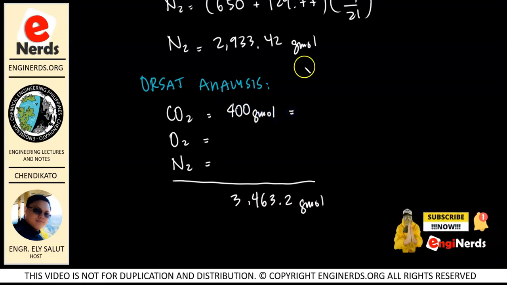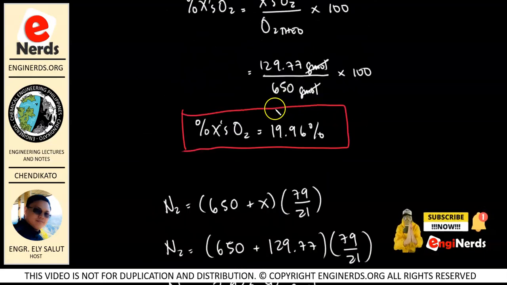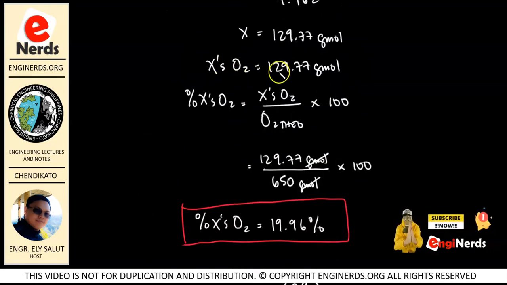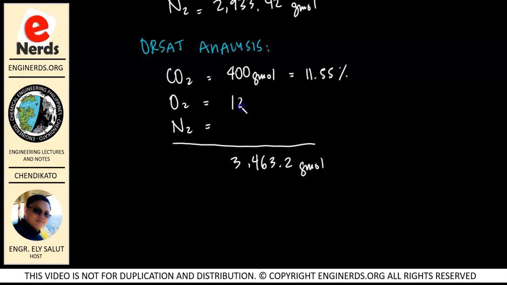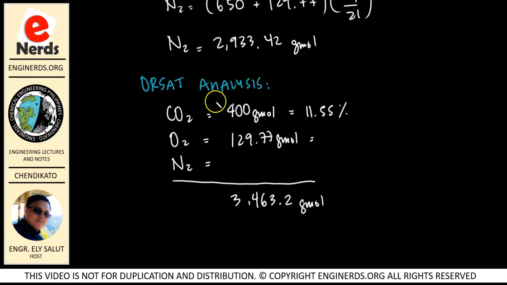And we know that this is 11.55%. We already know that from the given. Our excess O2 is 129.77 gram mole. So we need to get the percentage of that. And our N2 is 2,933.42 gram mole.